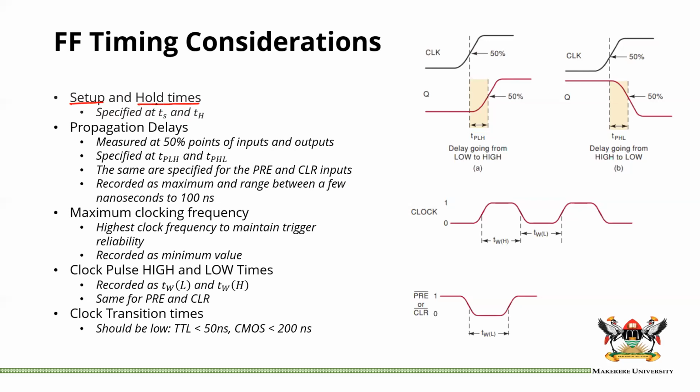Setup is the time prior to the active clock transition that your inputs should have reached their states, so you give your inputs a certain setup time to stabilize before you bring the active clock transition. Setup time is that minimum time where your states need to have stabilized into their current states before you give the active clock transition.